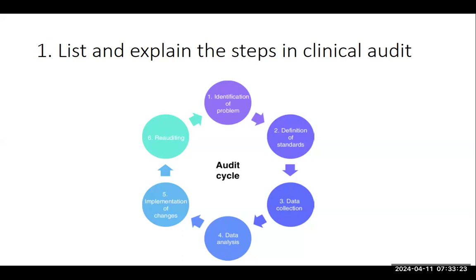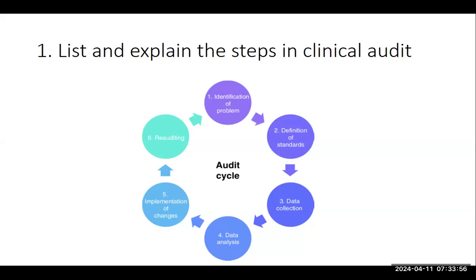Then the next step is you set a standard criteria. This is where you choose either a local or a national guideline, a guideline that is applicable, not one that at the end of the day you can't meet. Although you may not be able to change what you are doing to 100% exactly as the guideline, choose a guideline that is applicable, something that is feasible, not something that you can never reach.